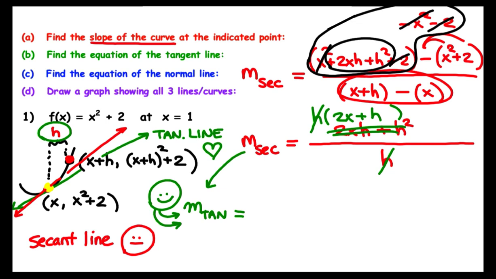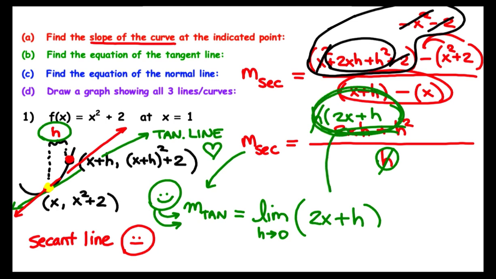Now, of course, I can't make h 0 because remember, there used to be an h in the denominator and I can't divide by 0. But I can take the limit, oh boy, here's chapter 1, as h approaches 0 of the secant slope, which I just found to be 2x plus h.